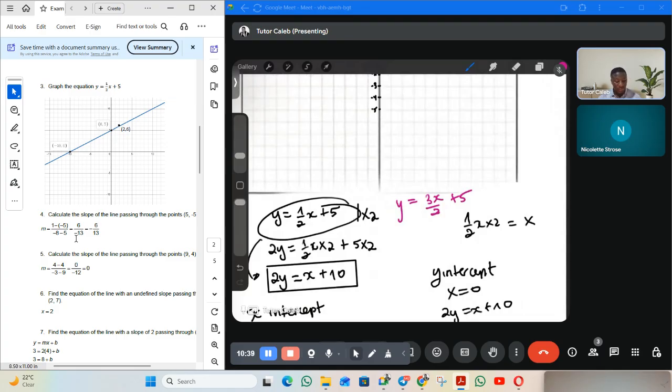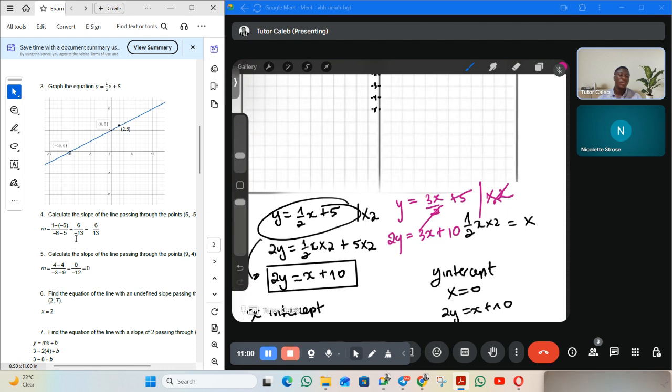You will still multiply this by 2, but the result you are going to get is 2y equals 3x plus 10, because the 2 here will cancel with the 2 in the denominator. So you'll be left with 3x.